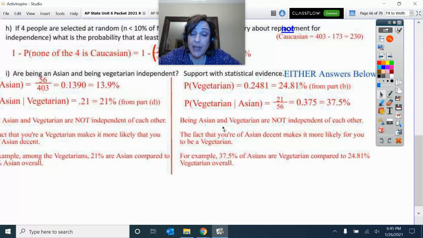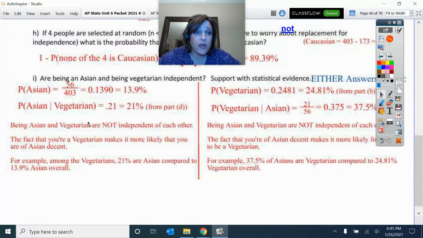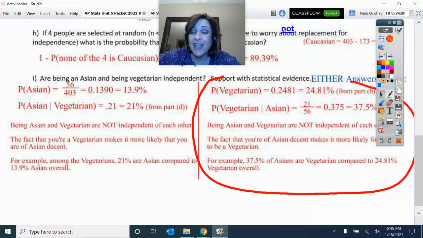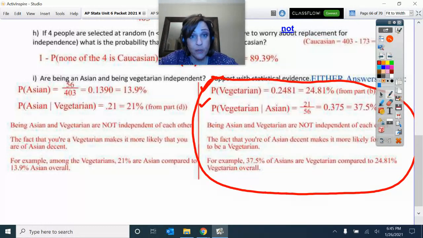Here is a question about independence. You can do either of these halves. I honestly think that this side here is really more logical in real world terms, because you have to set this up with showing this statistical relationship here of an overall marginal probability and then a conditional.